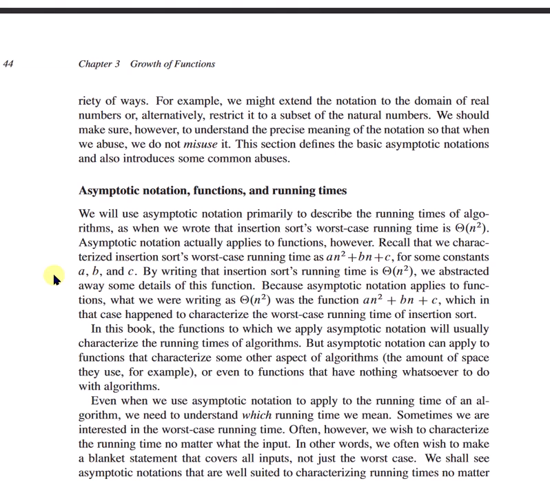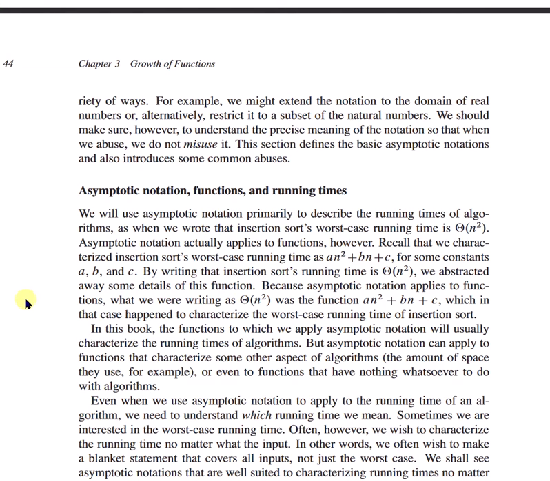Asymptotic notation, functions, and running times. We will use asymptotic notation primarily to describe the running times of algorithms, as when we wrote that insertion sort's worst-case running time is theta of n squared. Asymptotic notation actually applies to functions. Recall that we characterized insertion sort's worst-case running time as an squared plus bn plus c for some constants a, b, c.